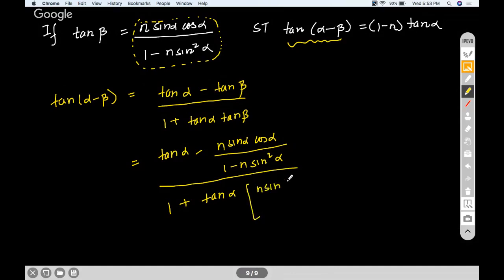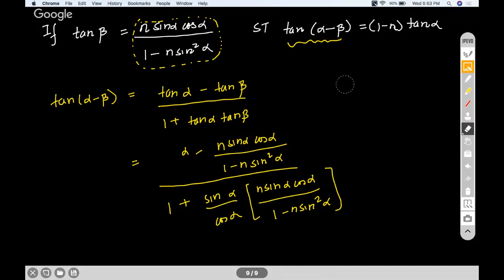times n sine alpha cos alpha by 1 minus n sine square alpha. Write this tan alpha as sine alpha by cos alpha.